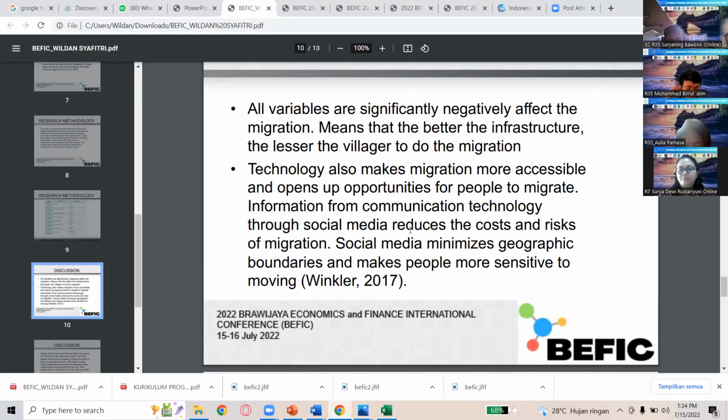After Undang-Undang Desa, many people are trying to not only develop infrastructure but also impact things like tourism. They open village tourism, and many try to manage their villages because they receive dana desa, funding from the government.